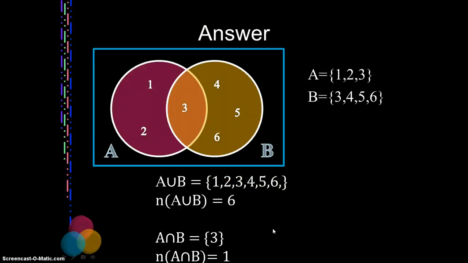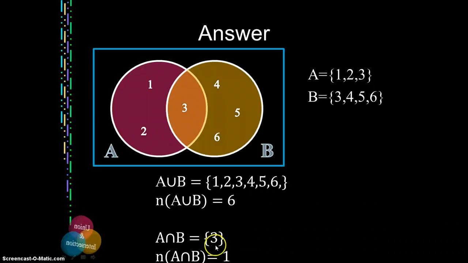How about the intersection? What are the elements in the intersection? From the previous illustration, we have the overlapping part as our intersection. So this is the overlapping part, and the only element found in this portion is the number 3.